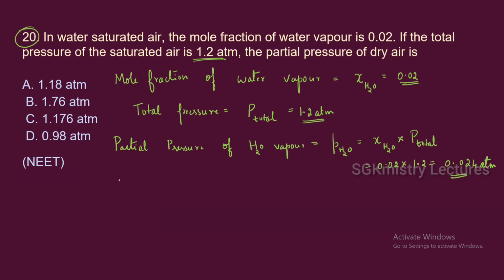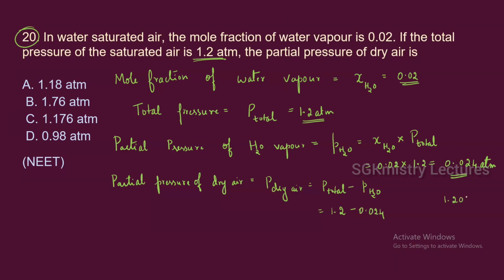Now, the partial pressure of dry air, how do you find out? Total pressure minus the partial pressure of water vapor. So total pressure is 1.2 minus the partial pressure of water vapor, 0.024.